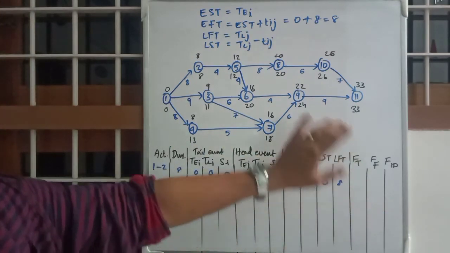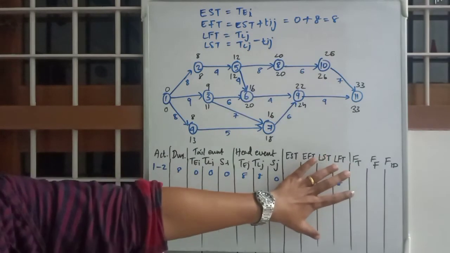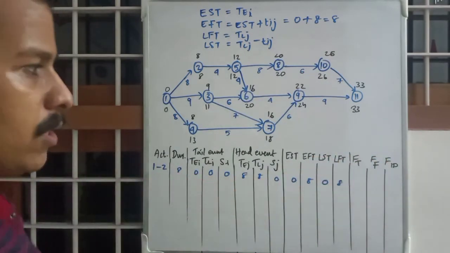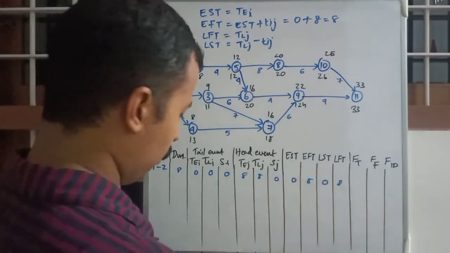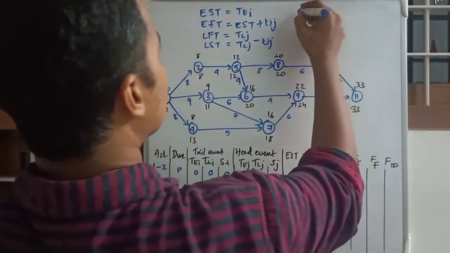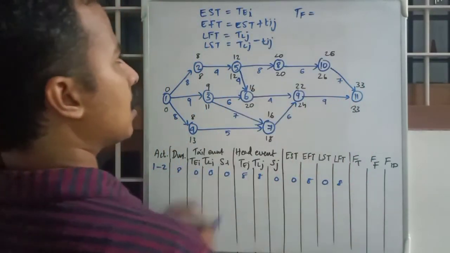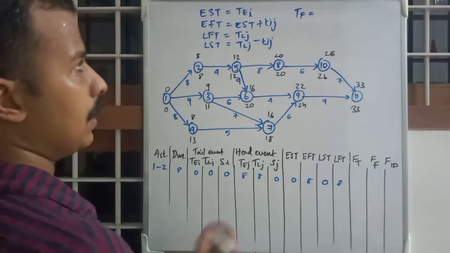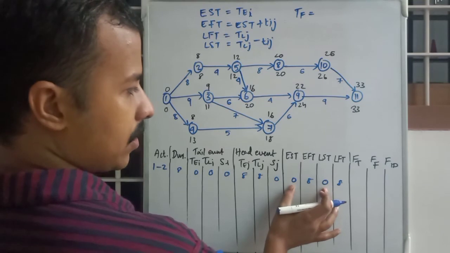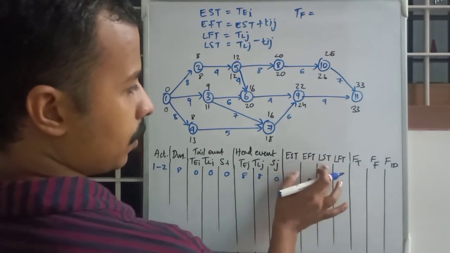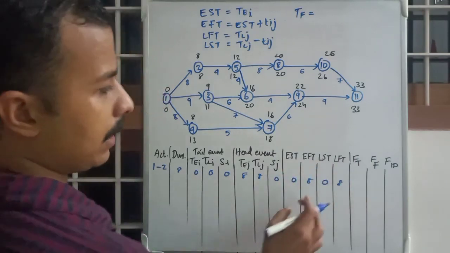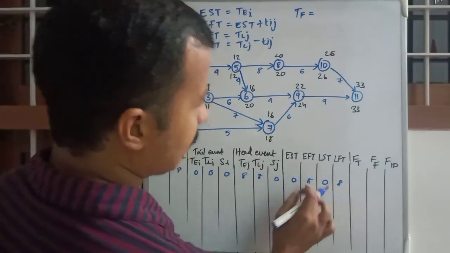We have calculated event times and we have calculated activity times. Okay, and the last step is to calculate float values. Total float can be calculated as the difference between any two start values, or the difference between any two finish values: 0 minus 0, or 8 minus 8.